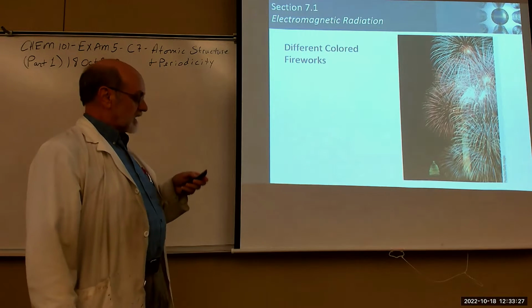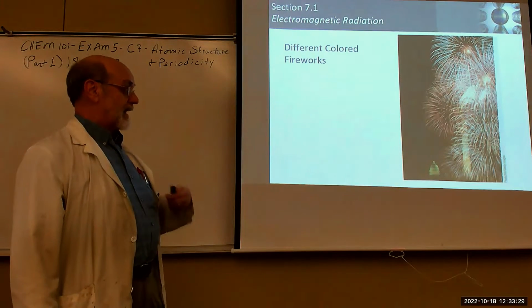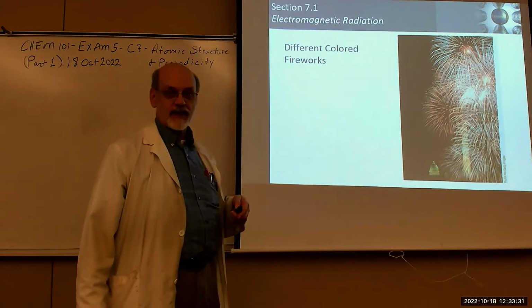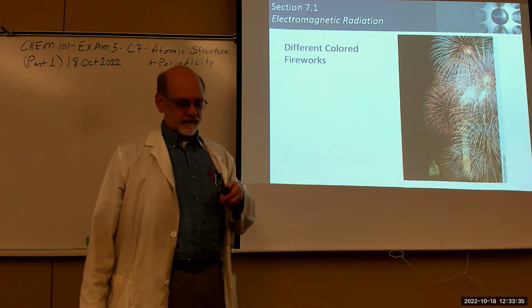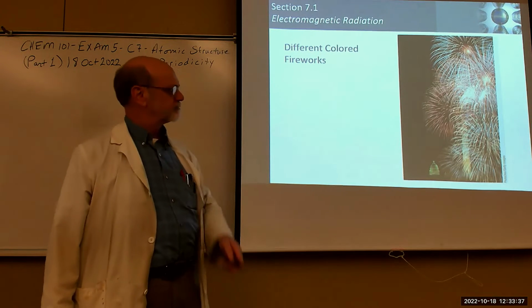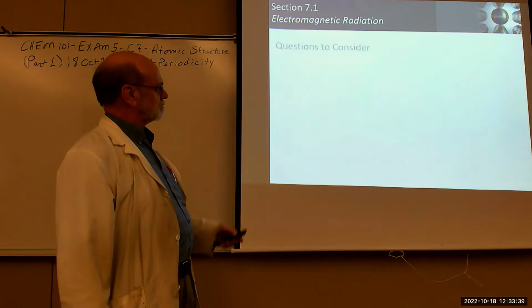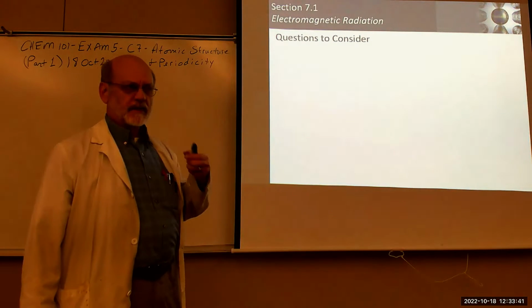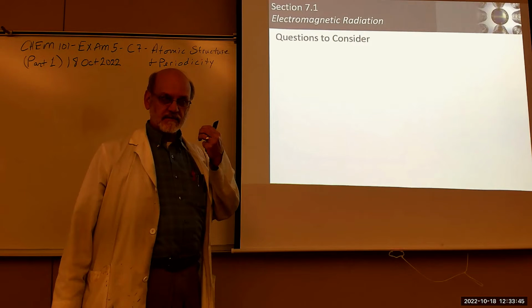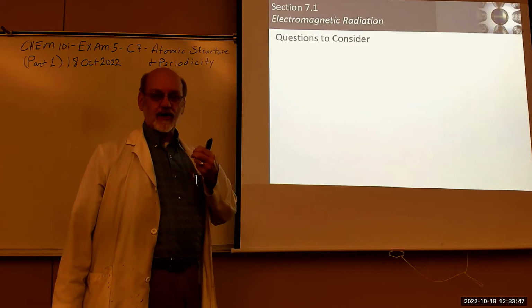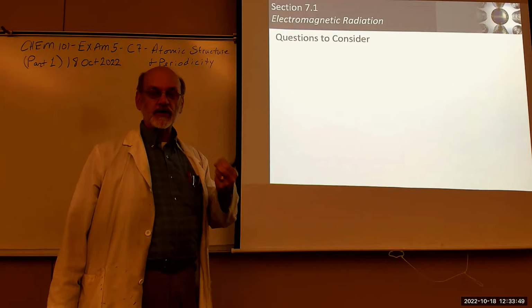And one of the first indications most people have about the ooh-ah factor of light is fireworks. How do they get those colors? Well, it all happens in the movement of electrons in the vicinity of the nucleus of an atom.